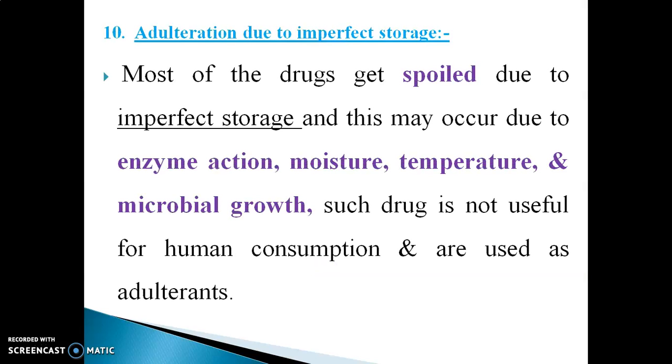Then 10th method, that is adulteration due to imperfect storage. So if imperfect storage of the drug is carried out, then there obviously occurs spoiling of that drug, and this may occur because of enzyme action, moisture, temperature and microbial growth, and such drugs are not useful for human consumption and are used as an adulterant.